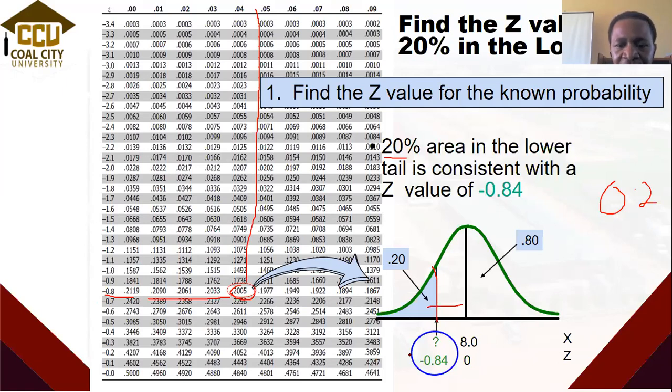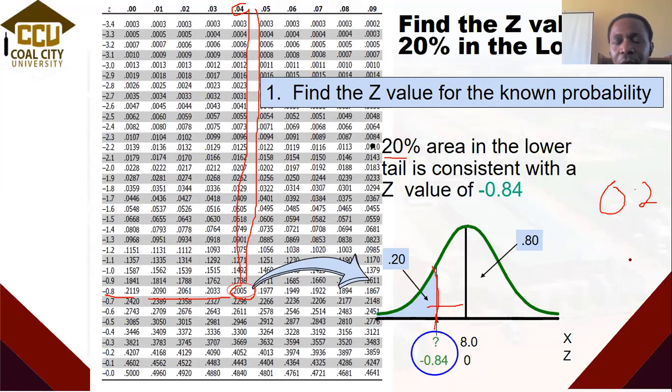That is how we got this minus 0.84. The other value closer to 0.2 is this, so that is how we got this minus 0.824.